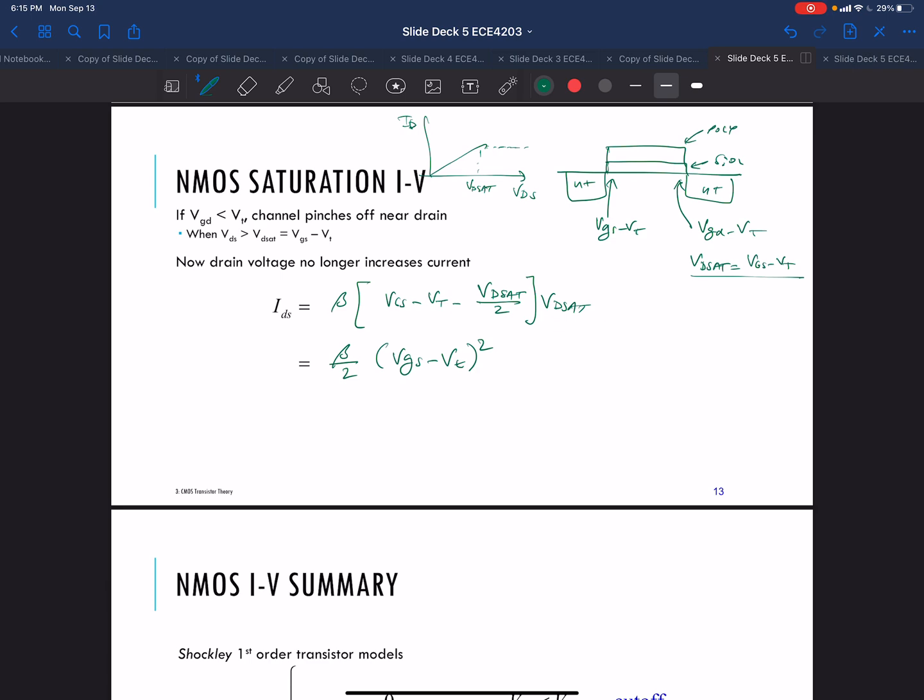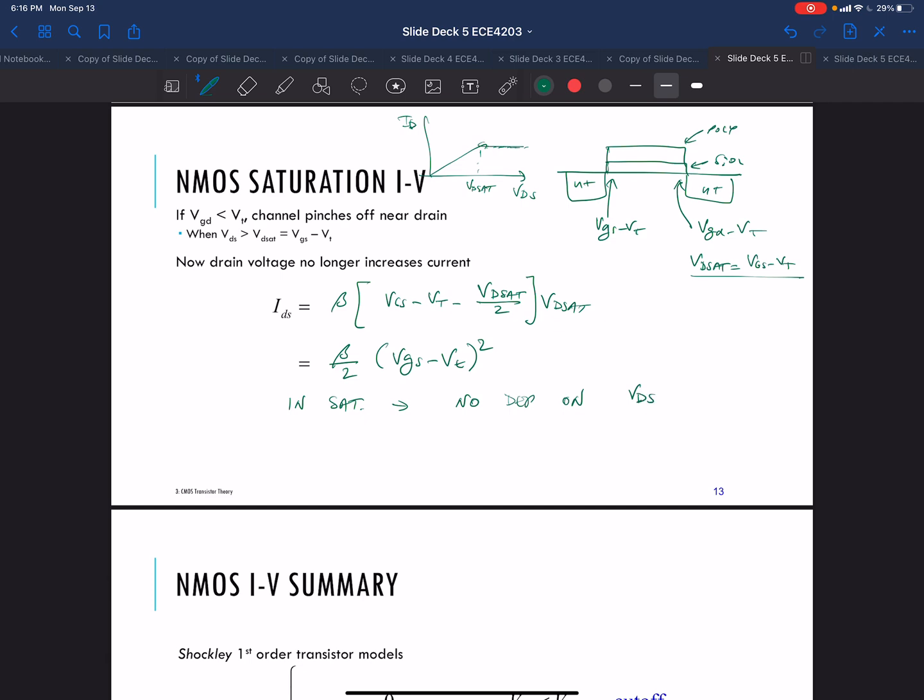Okay, you guys can do the math here. It's pretty simple. So the interesting thing that happens here is you notice that there is no dependence anymore on VDS, just like we'd expect from the curve. It's a flat curve, and it just changes with different values of VGS. So in saturation, there is no dependence on VDS.